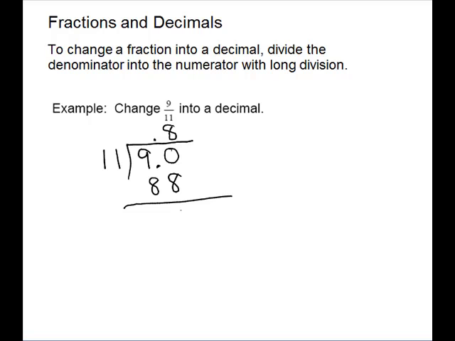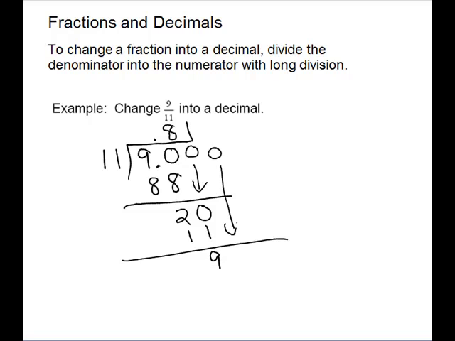Subtract, so 10 minus 8 is 2. Add a 0, bring down. 11 into 20. We'll go 1 time. Multiply back, 1 times 11 is 11. Subtract, add a 0, bring down.